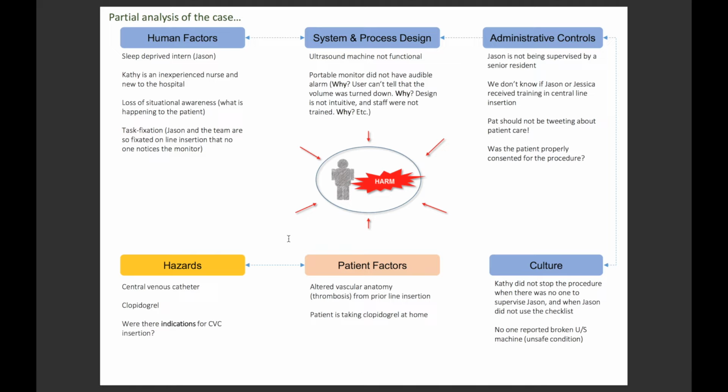So this is how the factors have been laid out by me here. Human factors were a sleep-deprived intern. Kathy was an experienced nurse. Loss of situational awareness, what's going on with the patient. The pulse dropped to 0 and people weren't paying attention to what was happening. Task fixation. So one fixated on getting the task done and wasn't paying attention to the other things.